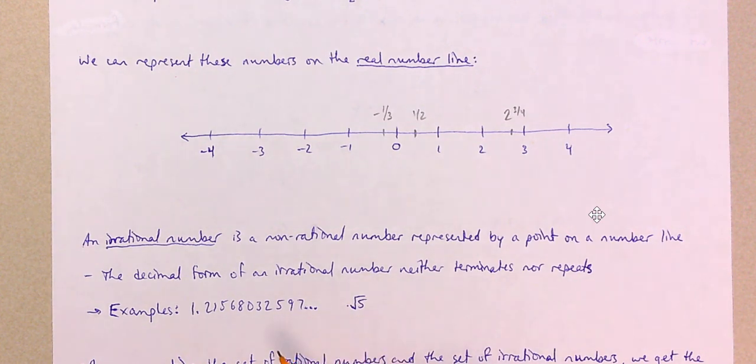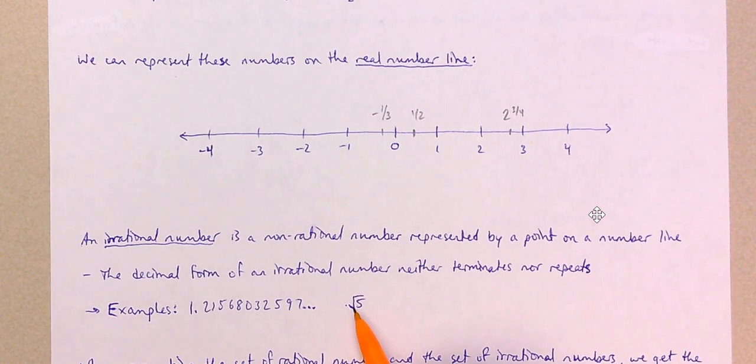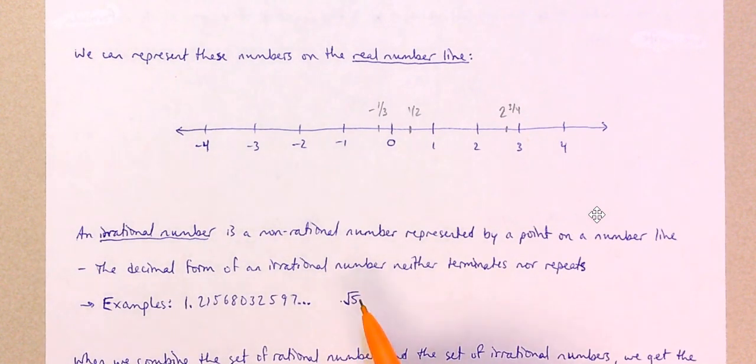So there's an actual decimal that is not rational. We see the square root symbol here. In case you haven't seen that before for some reason, we'll be seeing that later on a lot more. But the square root of 5, that is also a number that is not rational.